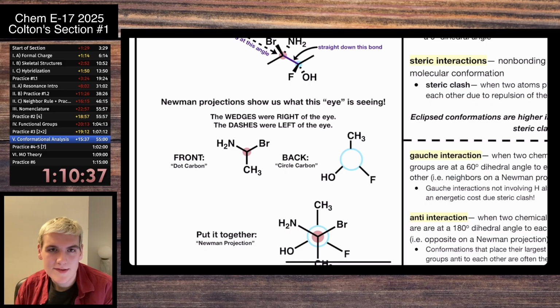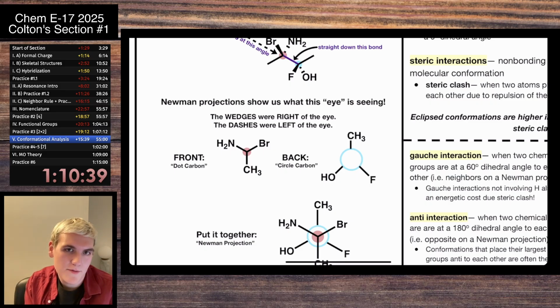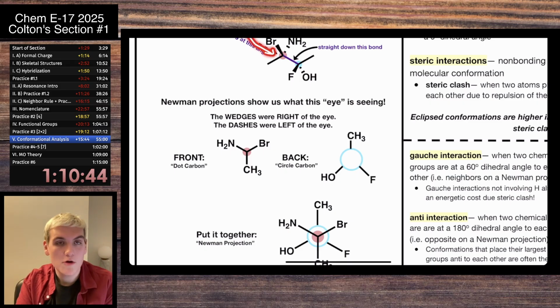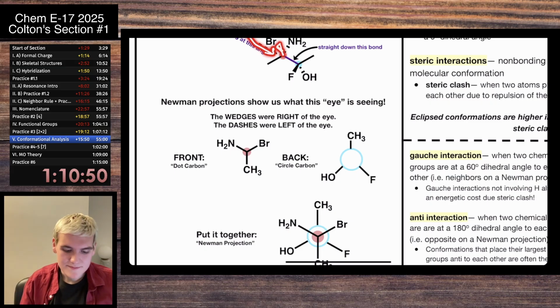And if you want, in office hours, I can talk through some more examples with that more explicitly. But you're imagining putting your perspective or the eye perspective here, and this bromine coming out of the page is going to be on the right side of that eye. And so that means that the nitrogen is going to be on the left side.